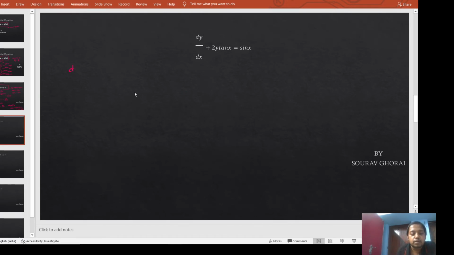The question is of the form dy/dx plus p(x)y is equal to q(x), so if we compare, p(x) is 2 tan x and q(x) is sin x. So the integrating factor here is e to the power integration 2 tan x dx.